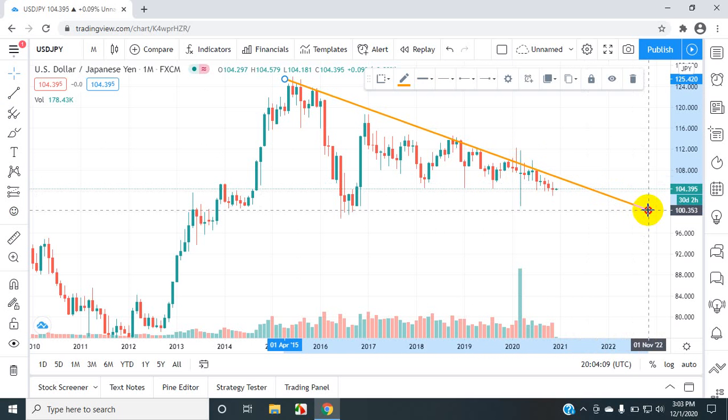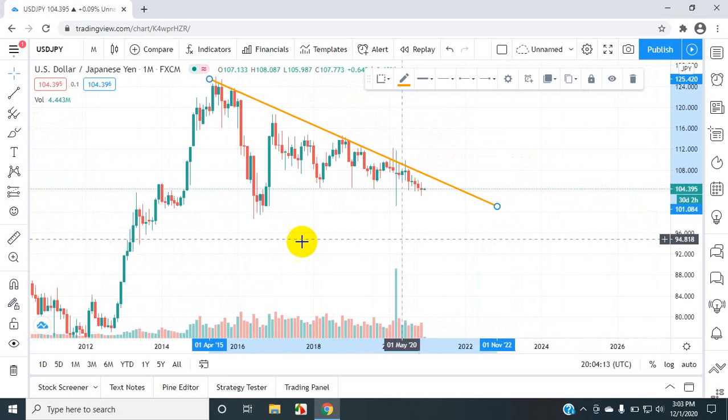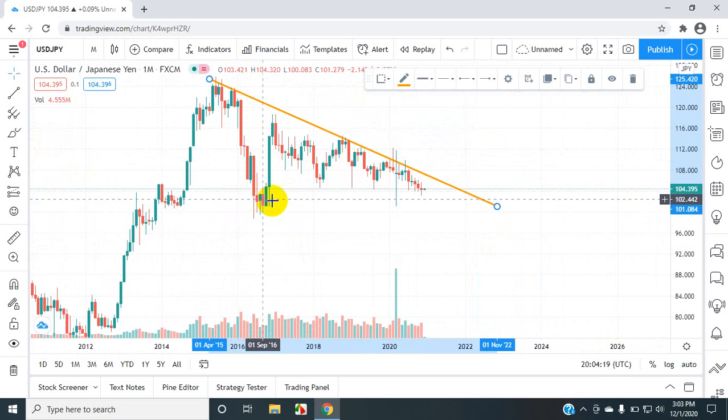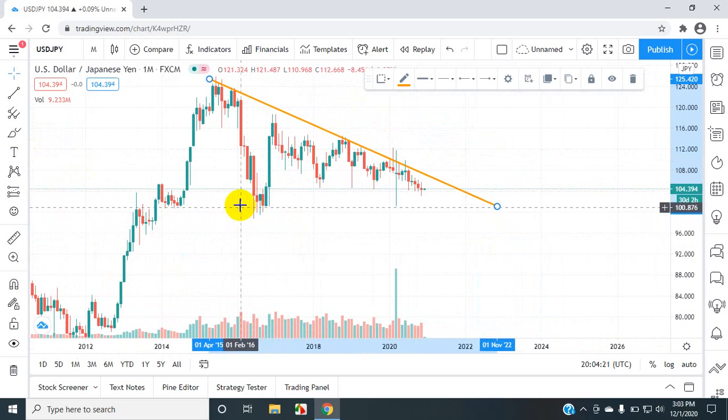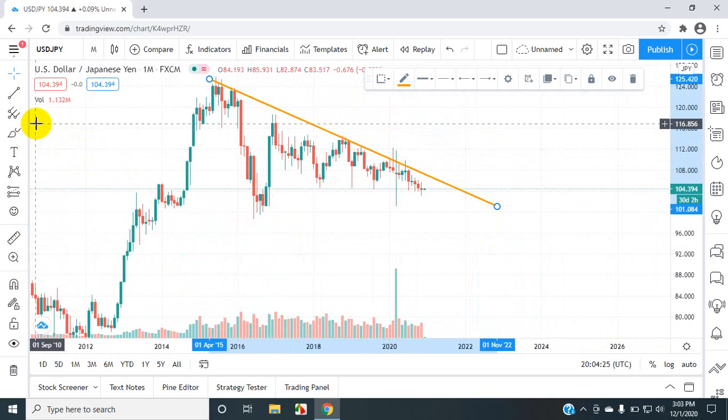So we're going to be looking for sells in the market. We have a lowest low area here, which is a strong support as well.